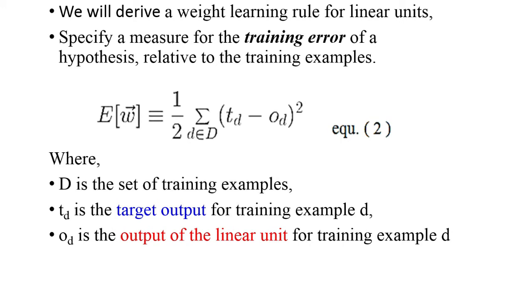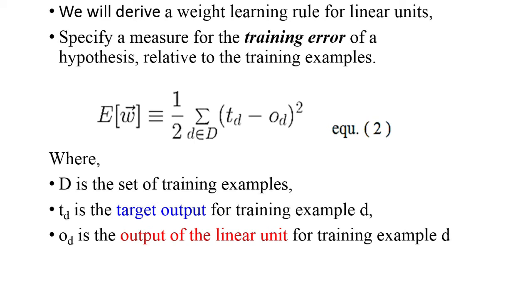That is, E of W vector is equal to 1/2 times the summation over all training examples d belonging to the training set D of (td - od) whole squared, where capital D is the set of training examples, td is the target output for training example d, od is the output of the linear unit for training example d, and E of W vector is simply half the squared difference between the target output td and the linear unit output od summed over all training examples.